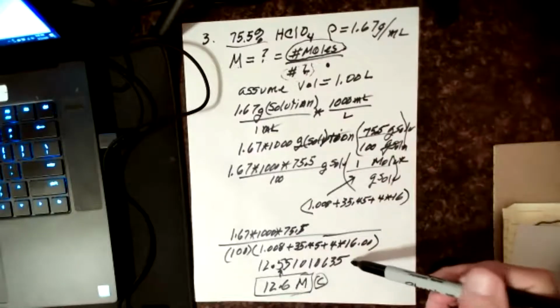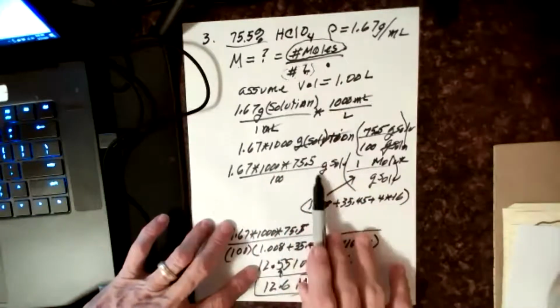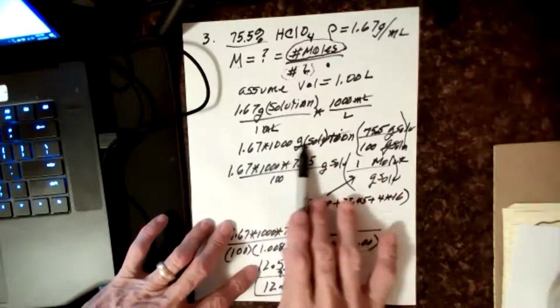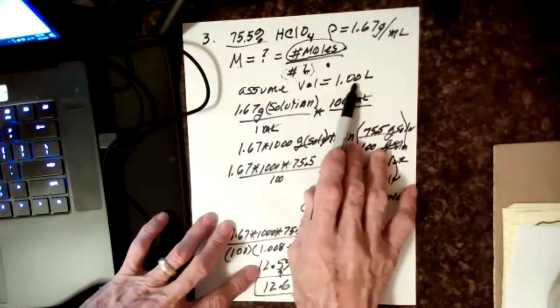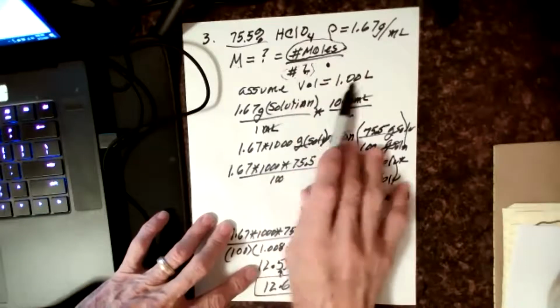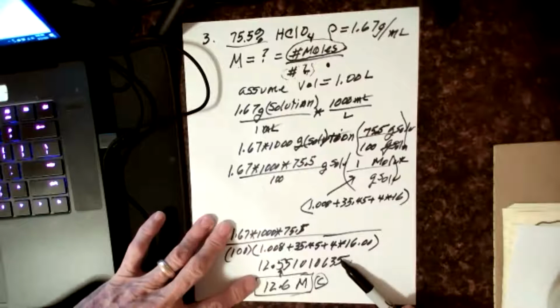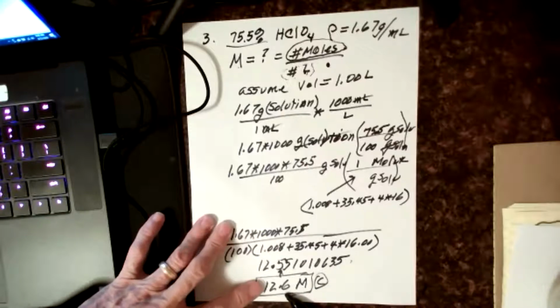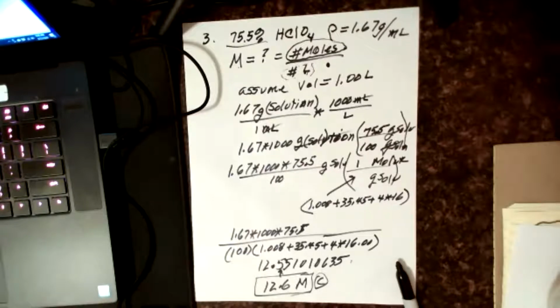When I got to here, that was moles, but it was the number of moles that I assumed way back up in the beginning when I said I'm going to do a liter. I multiplied the density by 1,000 because I wanted to go from milliliters to liters. And this was moles here, but it was moles for 1 liter, which gave me the molarity. Okay, good problem.